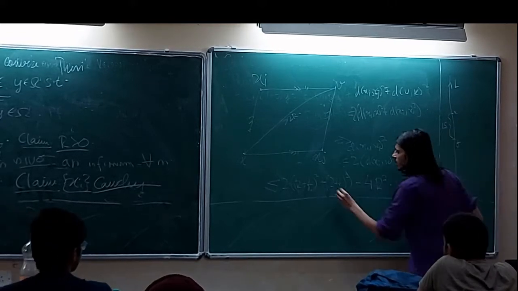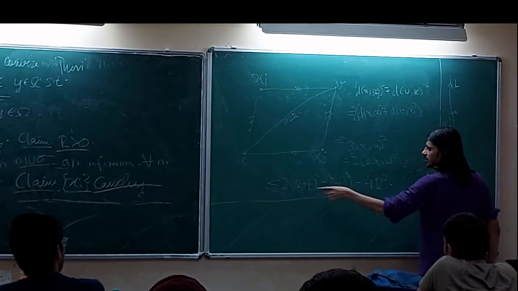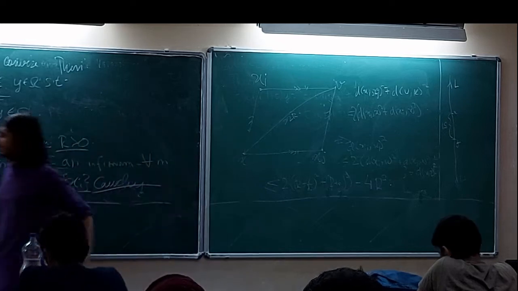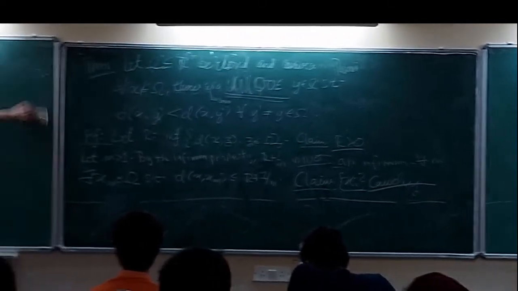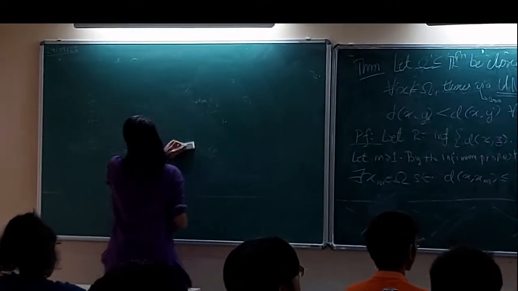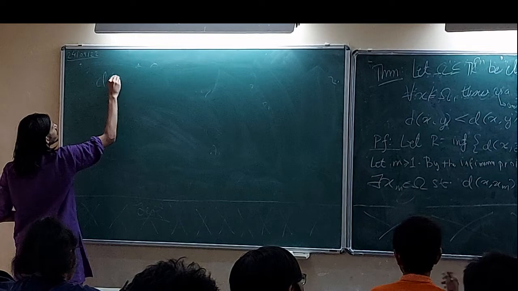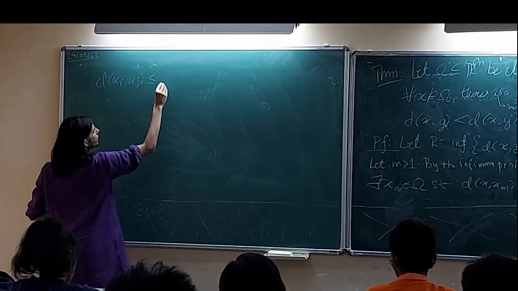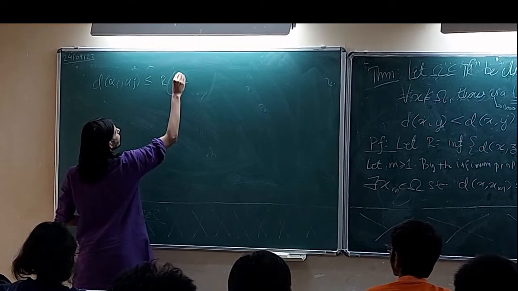So with this inequality now, can somebody tell me, you can just do your algebra and simplify this inequality, and what will you get once you go to the other end? Once you simplify all that algebra, you just get d of xi xj squared is less than or equal to r times 4, right?